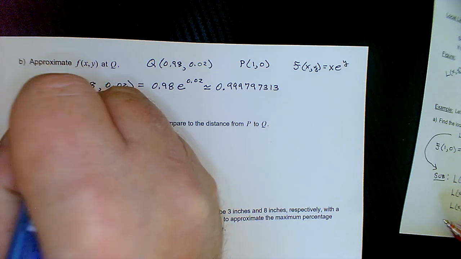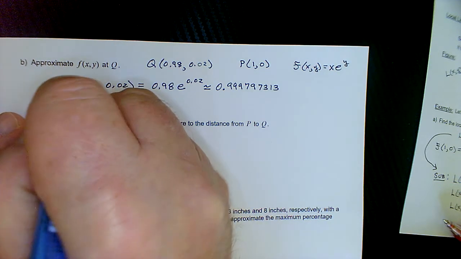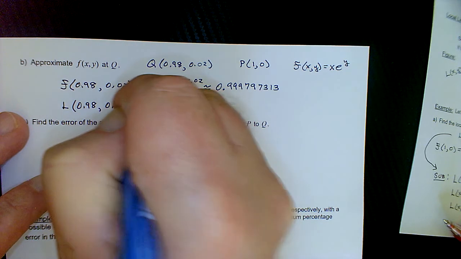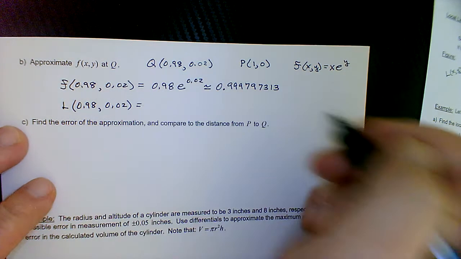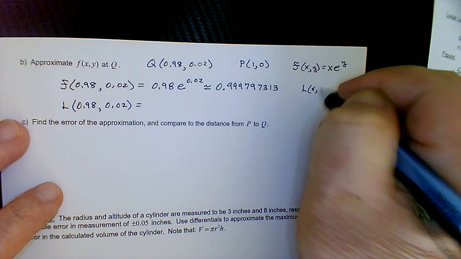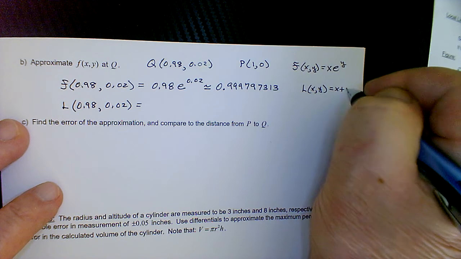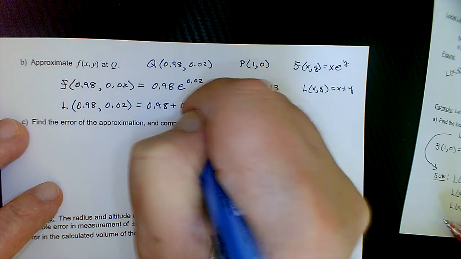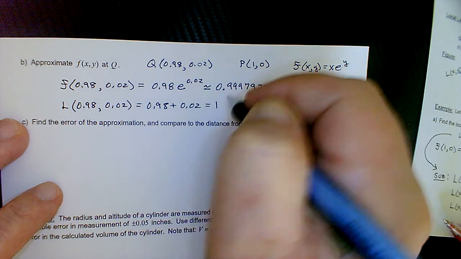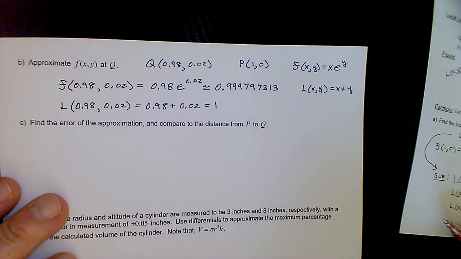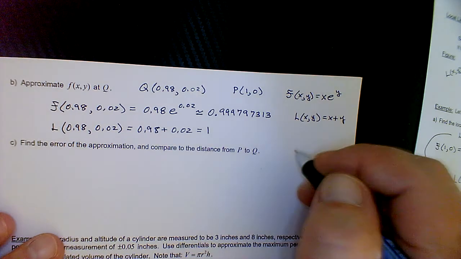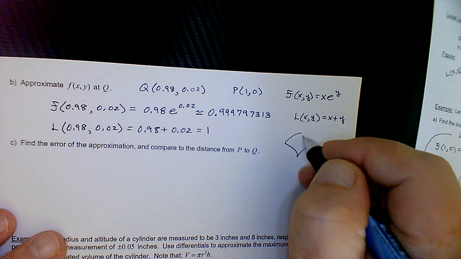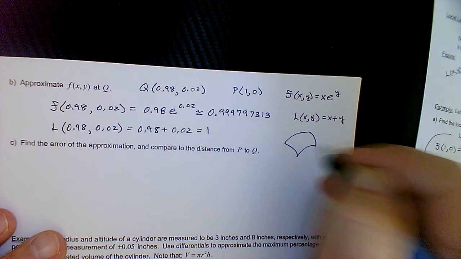And the linearization, L of 0.98 and 0.02, well, remember that L of xy was x plus y, so that's 0.98 plus 0.02, which is 1. So basically what we have in terms of our little figure here would be the surface.